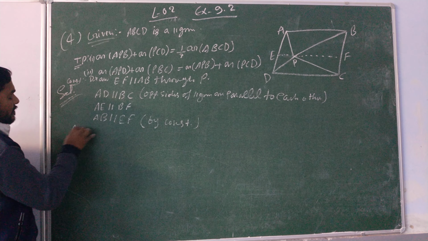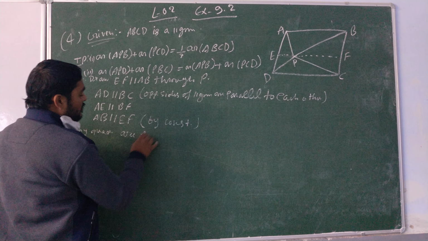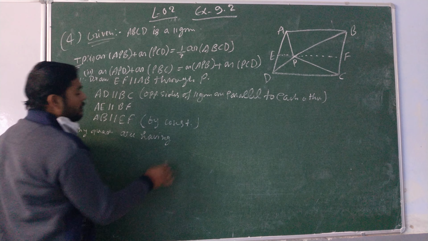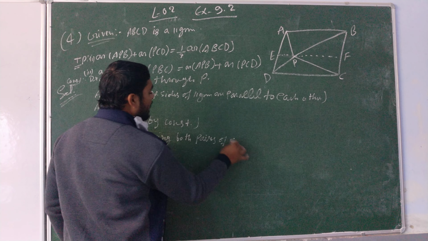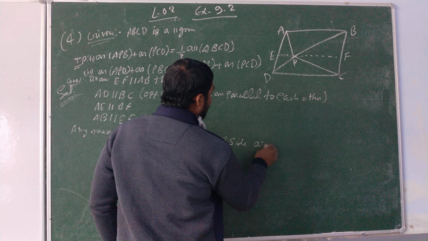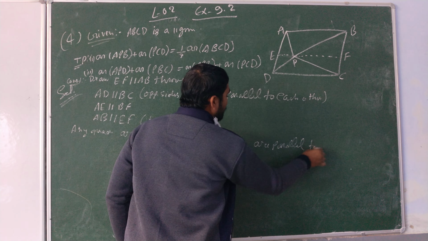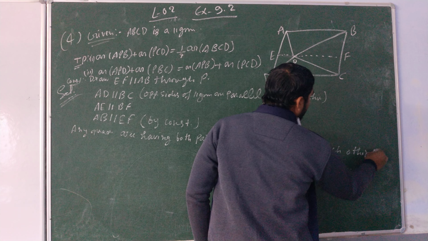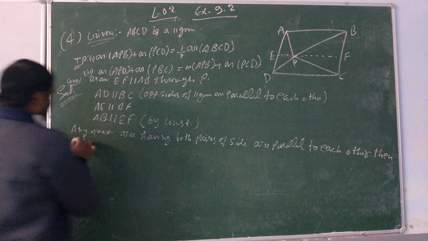If any quadrilateral has both pairs of sides parallel to each other, then that quadrilateral will be a parallelogram.